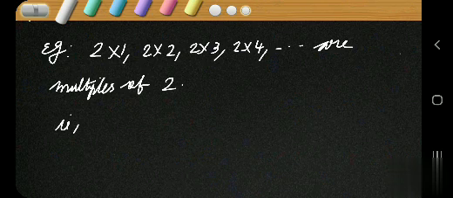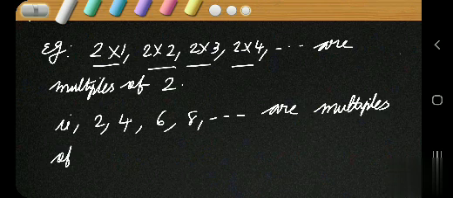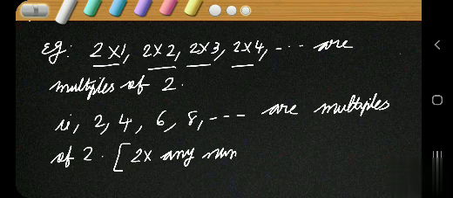That is, 2 ones are 2, 2 twos are 4, 2 threes are 6, 2 fours are 8, etc. are multiples of 2. Within bracket, please write: 2 into any number.